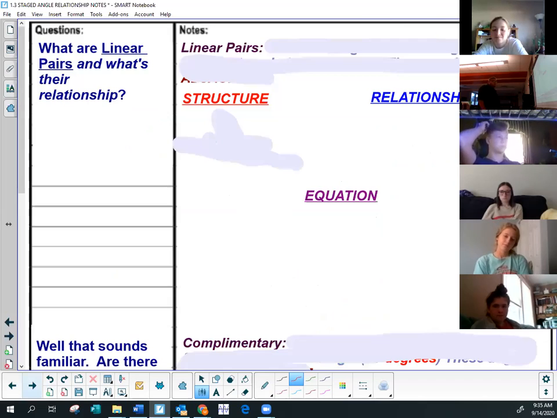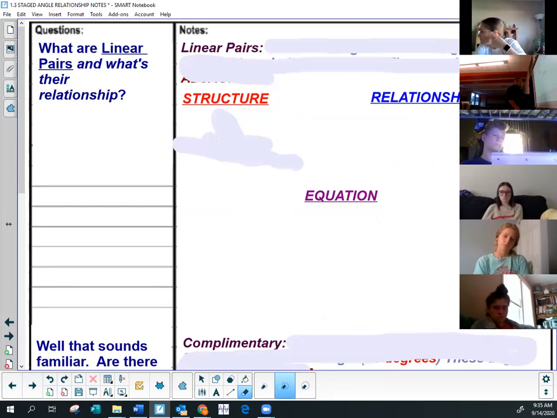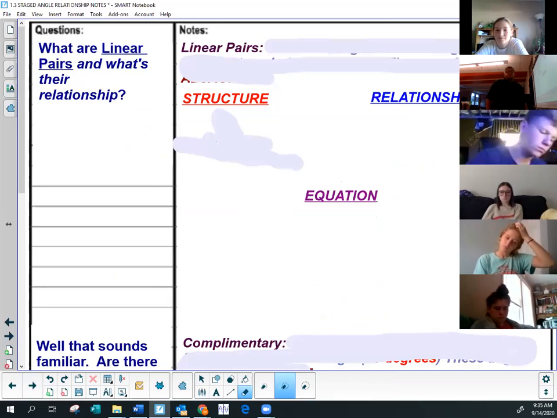We're going to use that same note-taking structure for the other ones. So we have something now called linear pairs. Before I reveal the definition, I bet we can predict what it has to do with. When you use the term linear, what does that refer to?